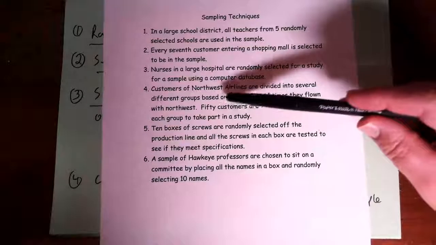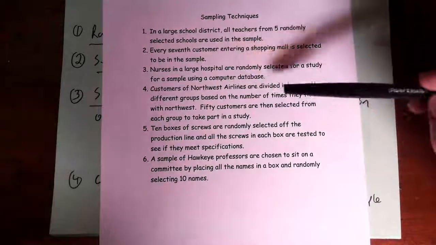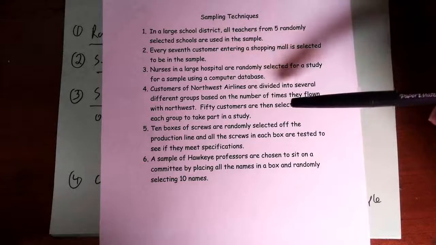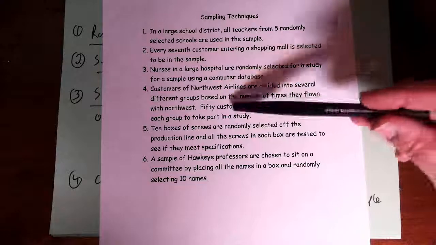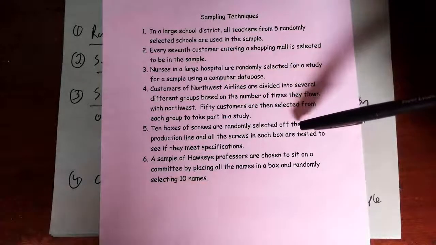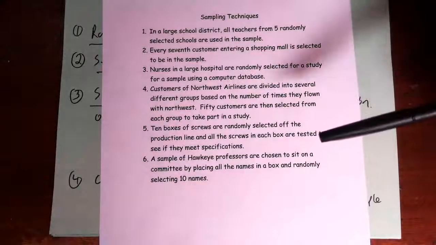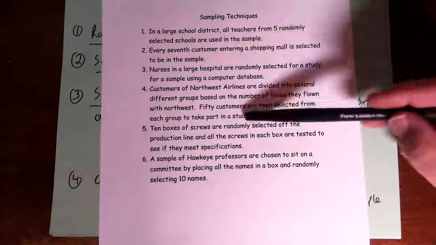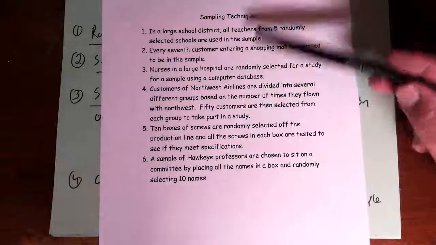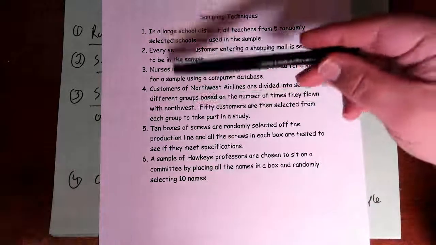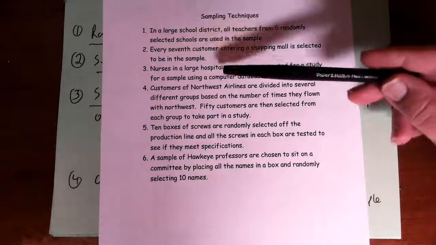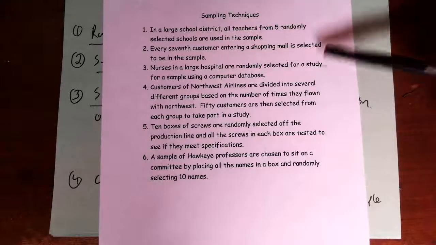So number 4, customers of Northwest Airlines are divided into several different groups based on the number of times they've flown with Northwest. 50 customers are then selected from each group to take part in a study. That's stratified, so that you're taking the population, and the different strata are how many times they've flown, like maybe 1 time, 10 times, 100 times, whatever.